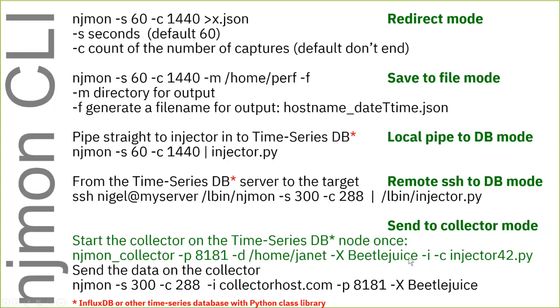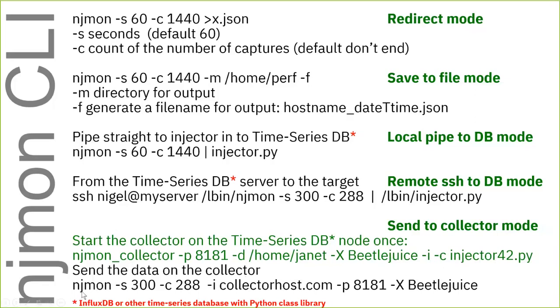I'll just put Beetlejuice in here. -I says when you get the data, save it to a file but also inject it straight into the database. And -C allows you to change between different injectors. You might want some machines injecting into a production database, and some machines putting the data into a different database within InfluxDB or the time series database.